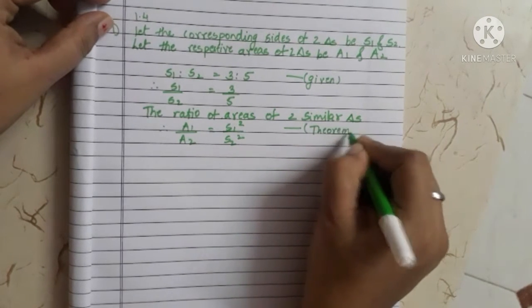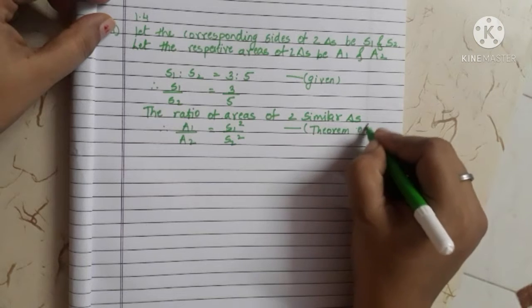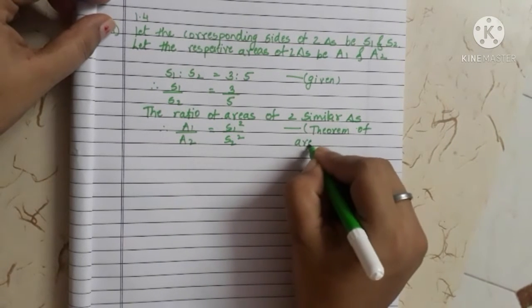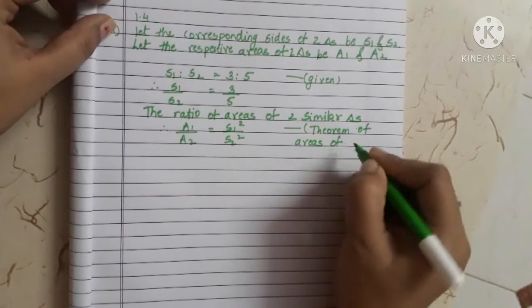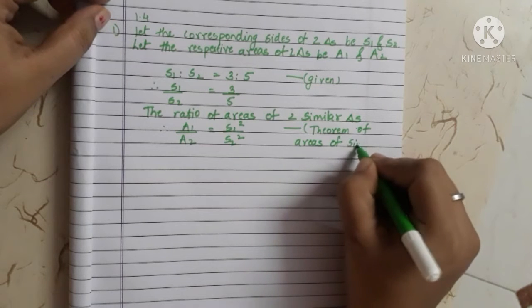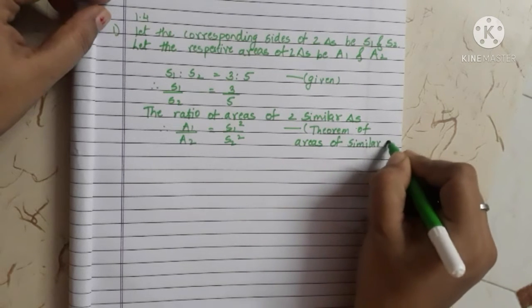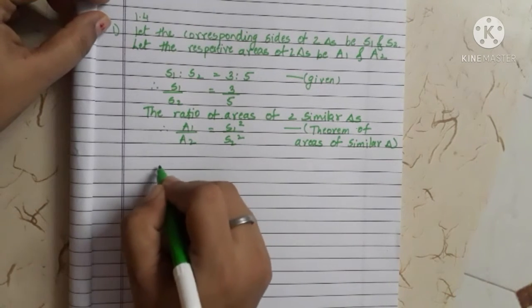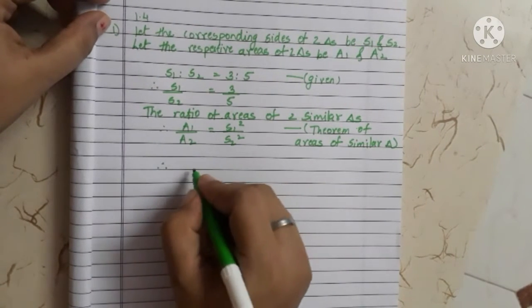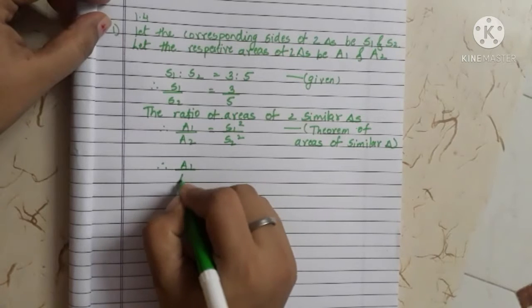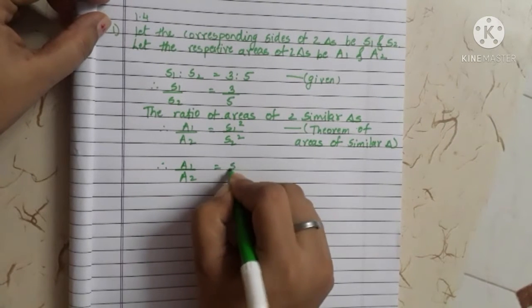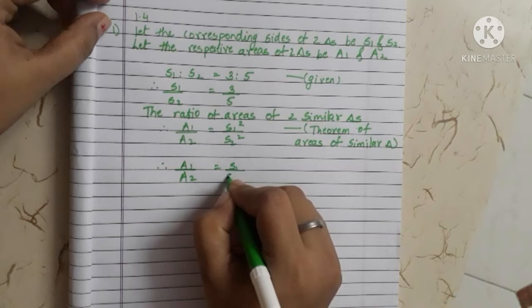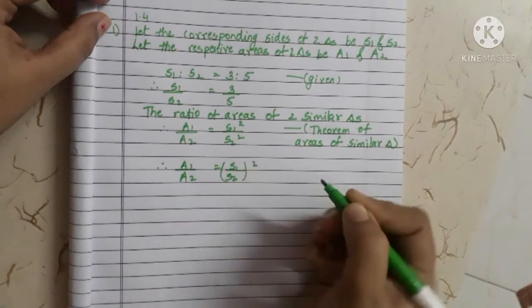Theorem of areas of similar triangles. Okay. Therefore, we can write it like this: A1 upon A2 is equal to S1 upon S2 the whole square.